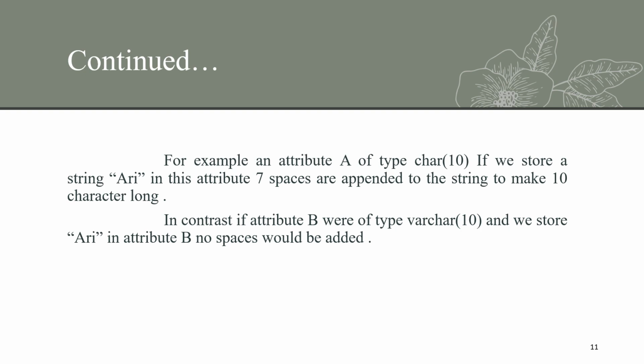If we store the string A or I in this attribute, 7 extra spaces are appended to the string, since only 3 characters are used. With varchar, if we store A or I in the attribute, no extra spaces are added.